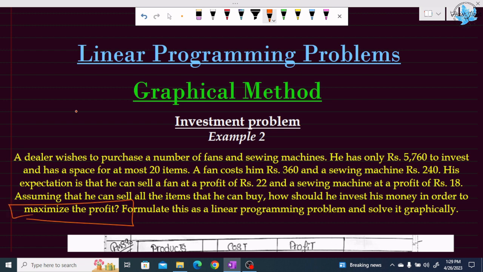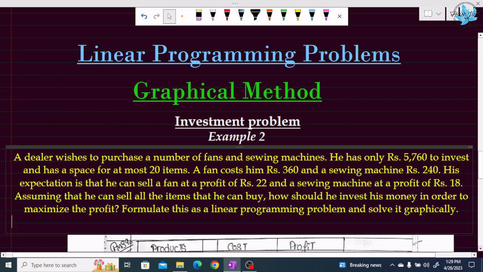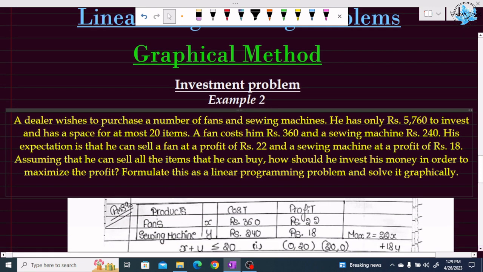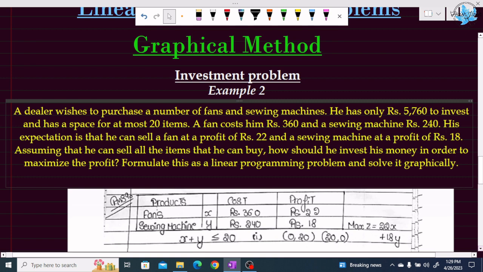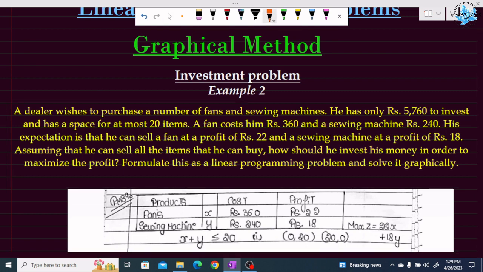So the question is asking how should he invest to maximize his profit, and we have to formulate the LPP for that. In the first step we have to make our objective function. To make the objective function we have to create our table. The two products given are the fans and the sewing machine.